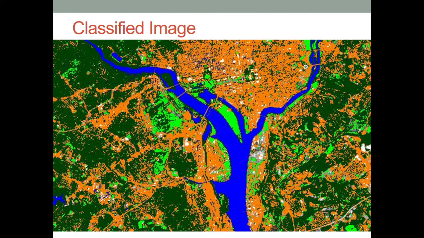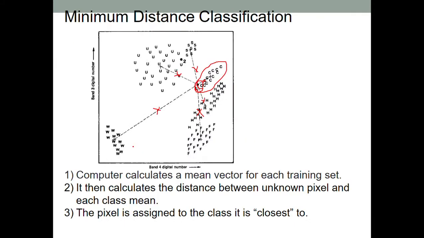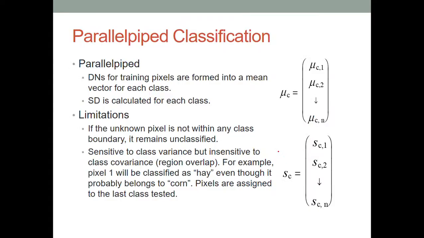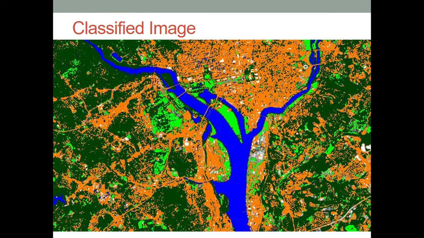And after this, this is how the classified image will look like. Before, you see the image that we classify, this is the image, and after you do the classification, this is how the image will look. You don't have to recreate classes for each chunk of the image.